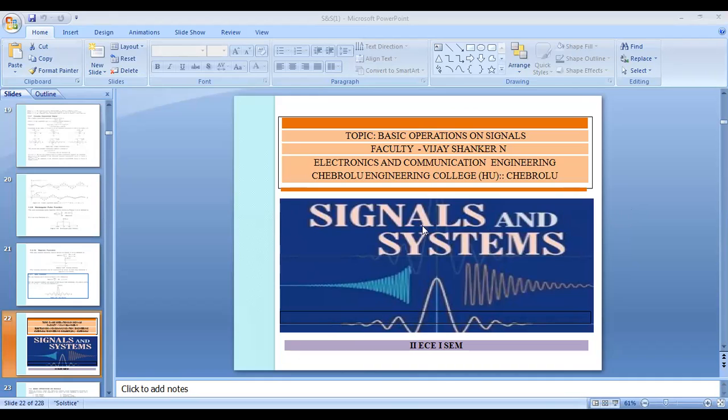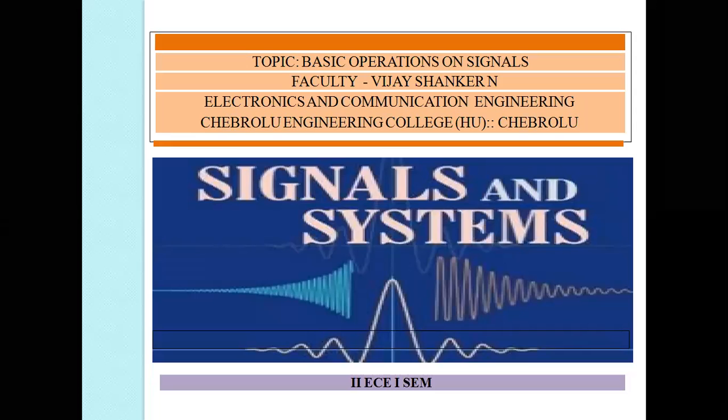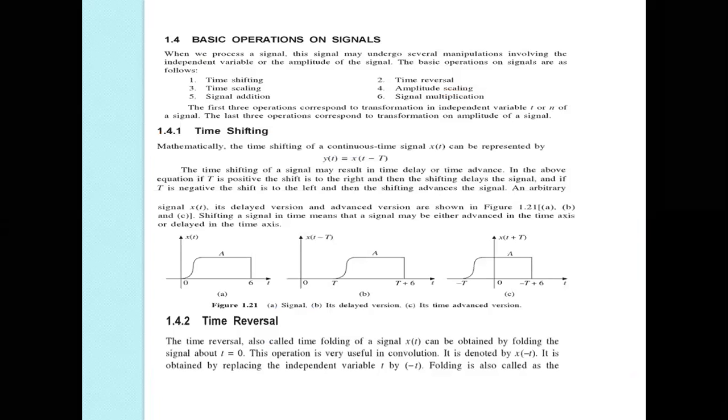Let us start today's session with the topic of the basic operations on the signals. There are 6 types of operations on signals: time shifting, time reversal, time scaling, amplitude scaling, signal addition, and signal multiplication.